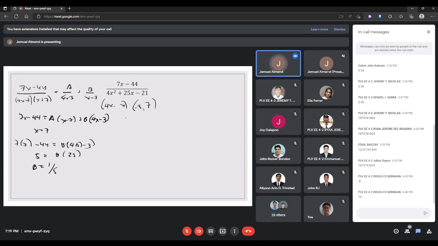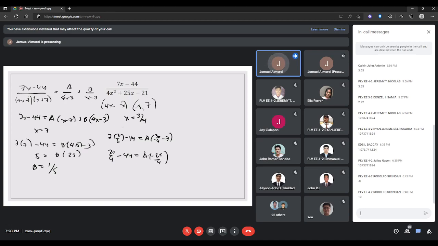And when x is equal to, ano yan, 3/4, no? Tama, 3/4. So, pag 3/4 siya, substitute natin doon, ito naman ang magsisiro. 7 times 3/4 minus 44, that would be equal to a times 3/4 minus 7. So 21 over 4 minus 44 equal to, so negative 28, a times negative 25 over 4.